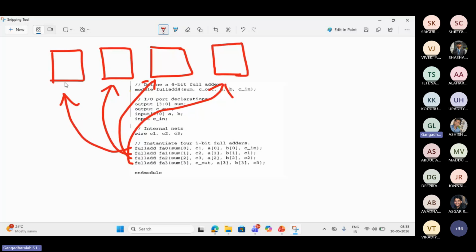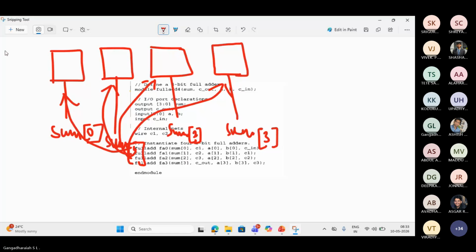Let's say the sum of this is connected to sum[0] of full add 4, this one to sum[1], this one to sum[2], and this one to sum[3] of full add 4.